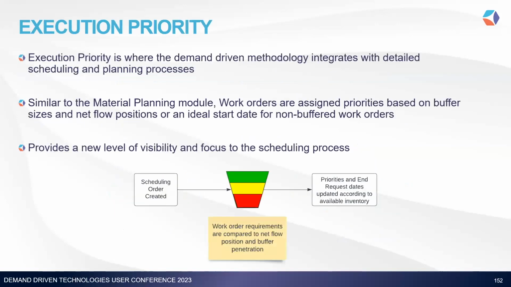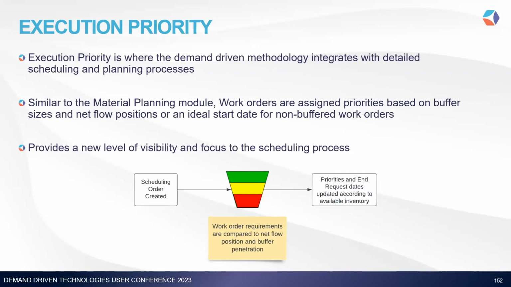This is our first feature, and it's the focal point of the entire software: our execution priority. We went into this a little bit with Deborah, who went through a few of the settings. Essentially, the execution priority applies the methodology by integrating it with the process through priority assignments to work orders.